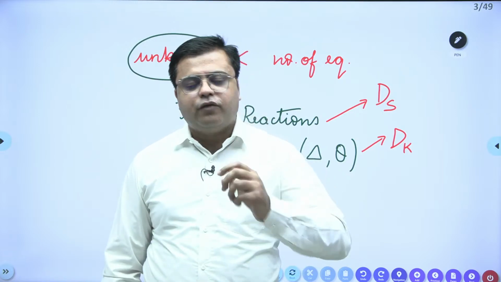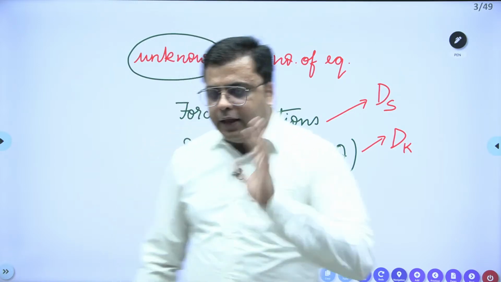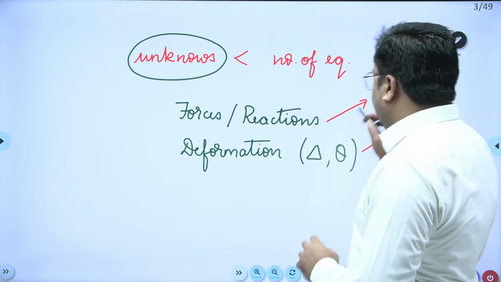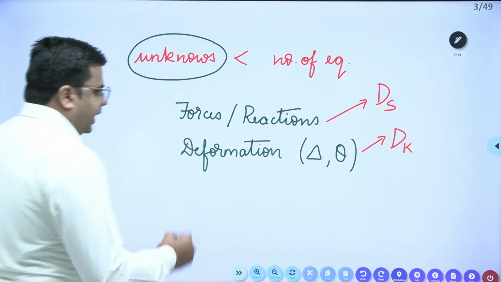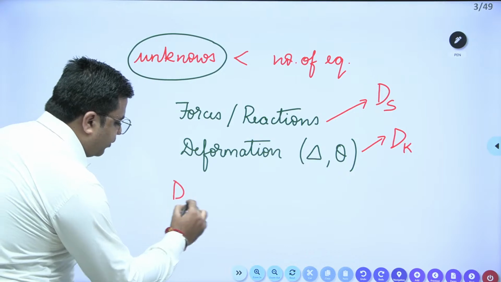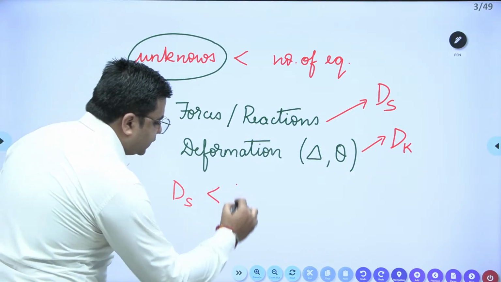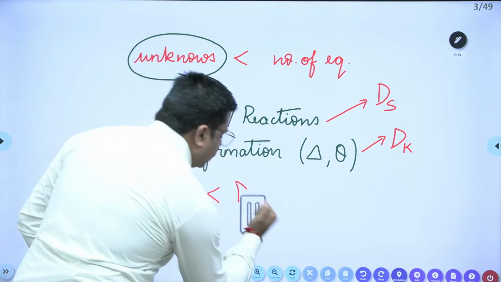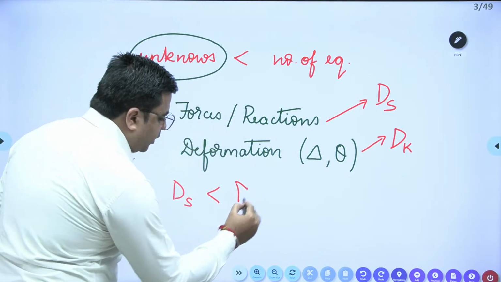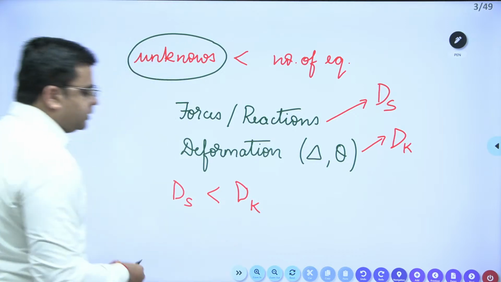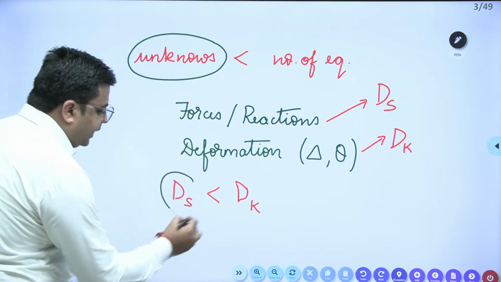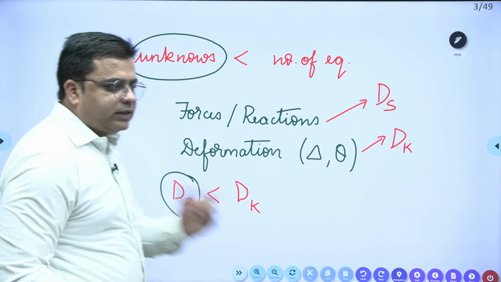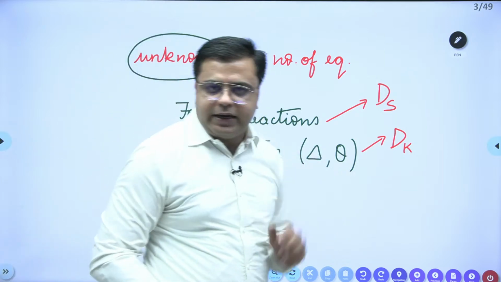So just from your point of view, if for a system I have fewer unknown forces, it means my degree of static indeterminacy will be less than the degree of kinematic indeterminacy.